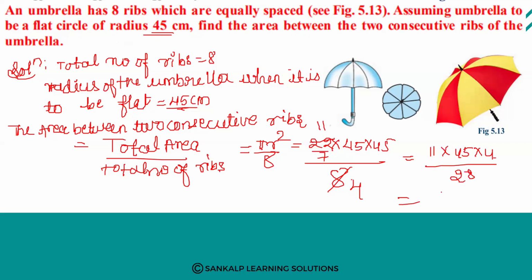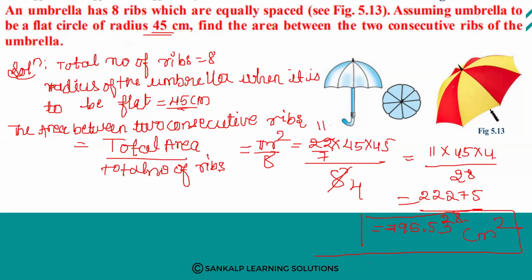Now if you calculate all these values, you will get 22,275 divided by 28, which is equal to 795.53 centimeters square. Okay.